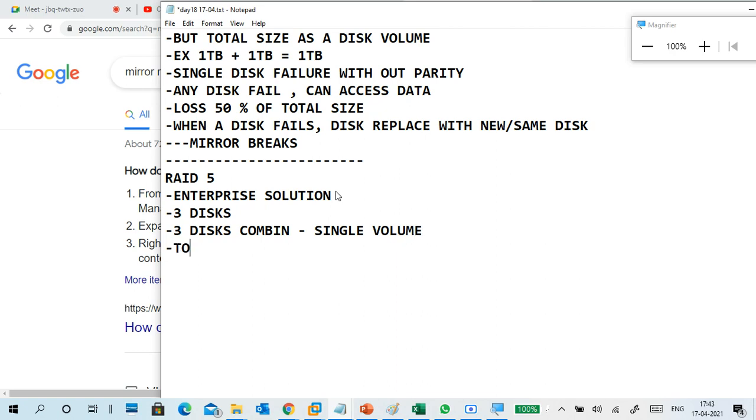So total size we are getting is 2 by 3 of the total size.